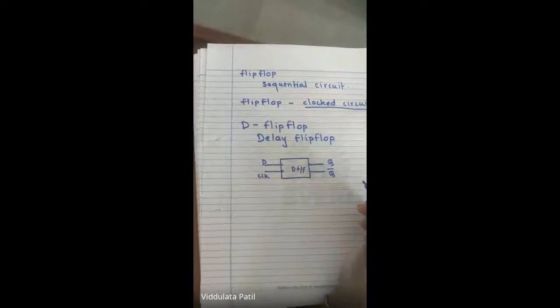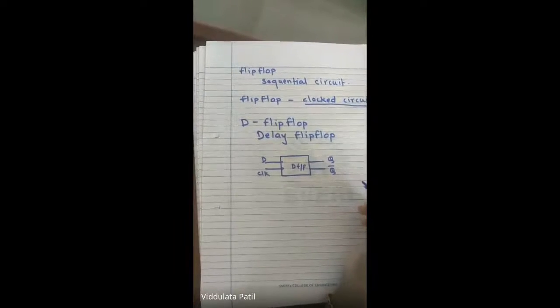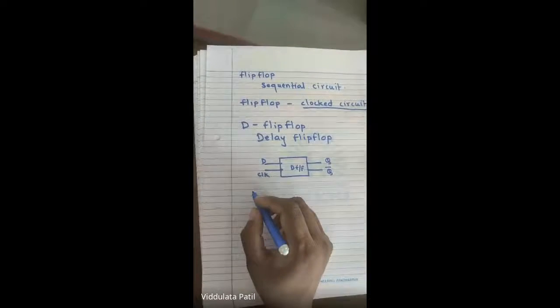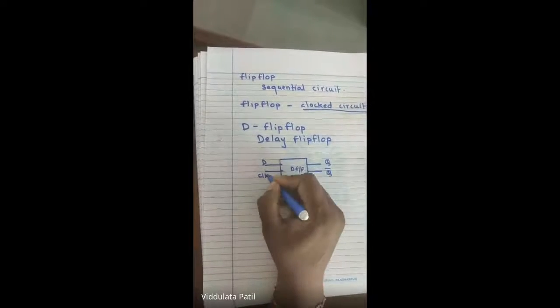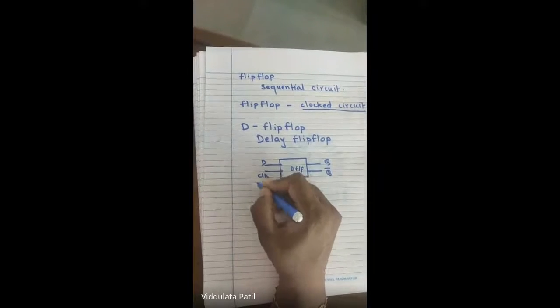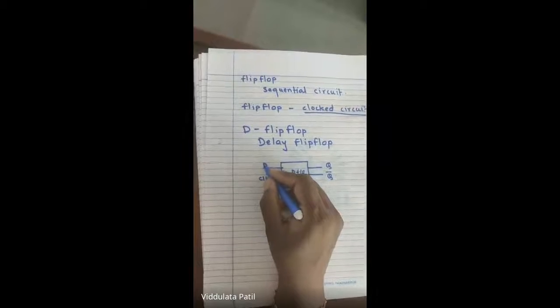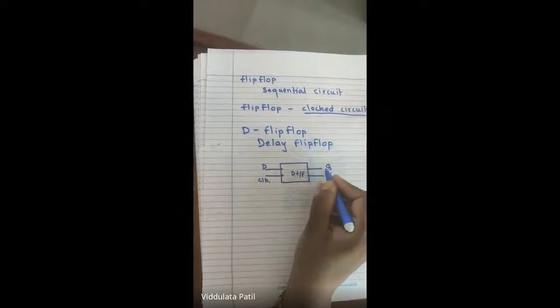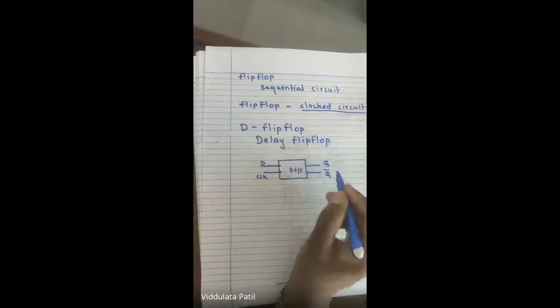So these are the two outputs available for this D flip-flop, and there are two inputs: the input D and the clock signal. Depending on the rising edge of this clock signal, whatever data is available at the D input will be available at Q.